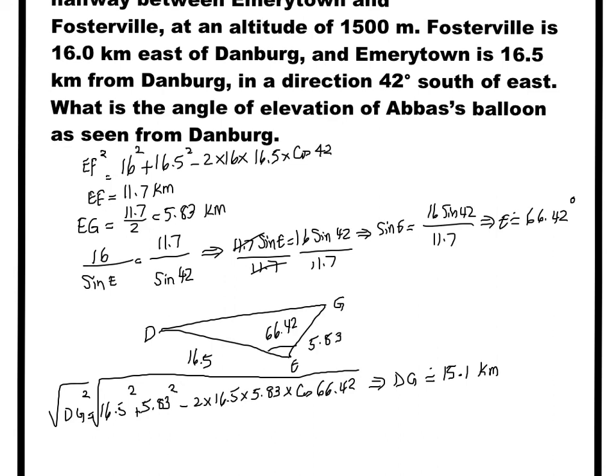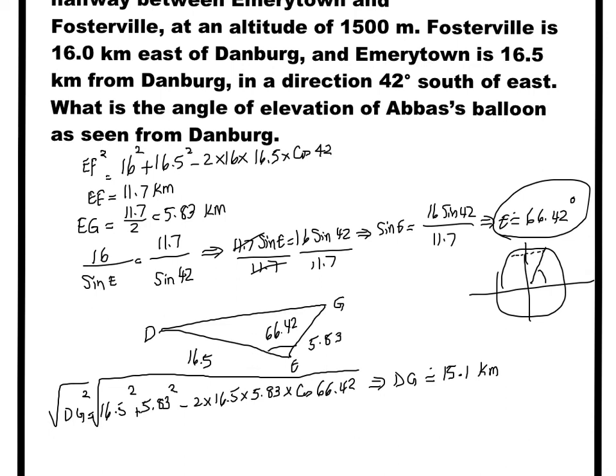Now, if we go back to the sine law that we used here, and we found the angle E to be 66.42, 66.42 is going to fall in the first quadrant. If we draw the unit circle, this is going to be 66.42. But sine is also positive in the second quadrant.